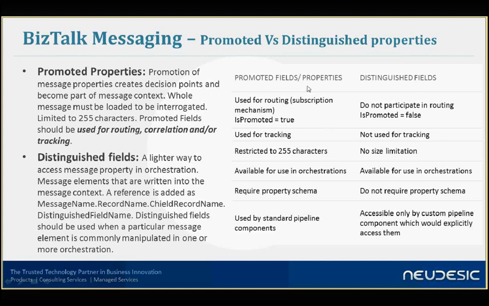So see the difference between the two, promoted and distinguished. Promoted properties are used for routing; distinguished fields do not participate in routing. This is the main difference. So is promoted false, is promoted true. Promoted properties can be used for tracking, but distinguished fields cannot. Promoted properties are restricted to 255 characters, but here there is no size limit.